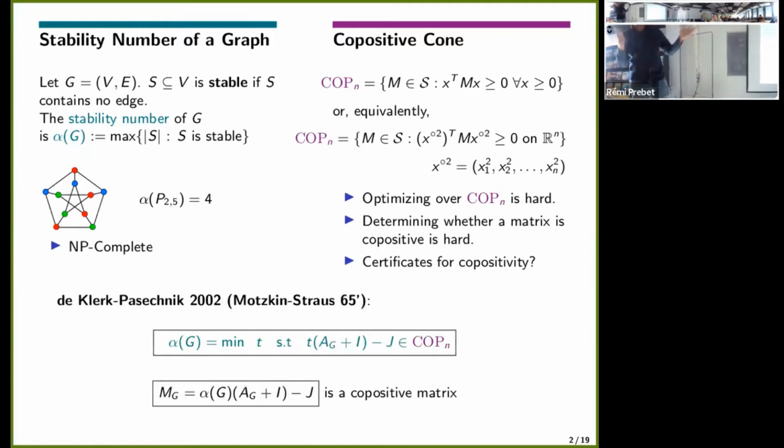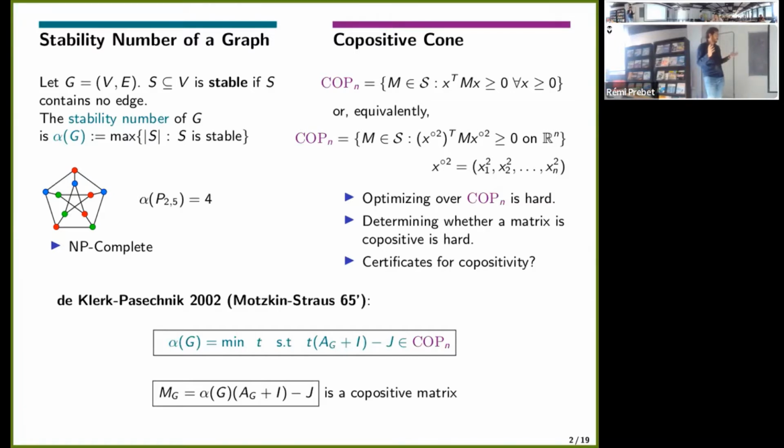These two topics meet by the following formulation by de Klerk and Pasechnik in 2002, following a result by Motzkin and Strauss: the stability number of a graph can be formulated as a linear program over the copositive cone in the following way. Alpha of G is the minimum t such that the matrix t times A_G plus I minus J is copositive. A_G is the adjacency matrix of the graph, I the identity, and J the all-ones matrix.